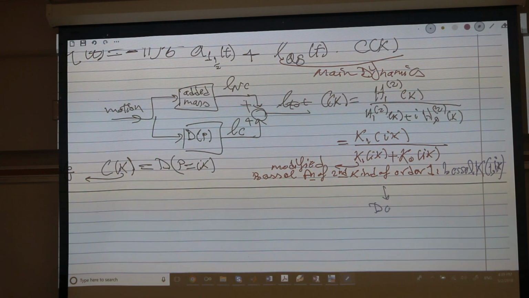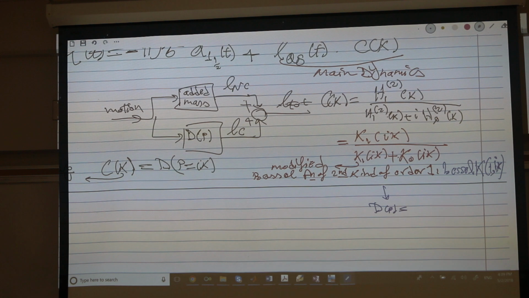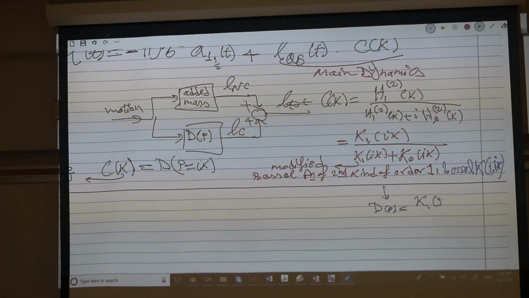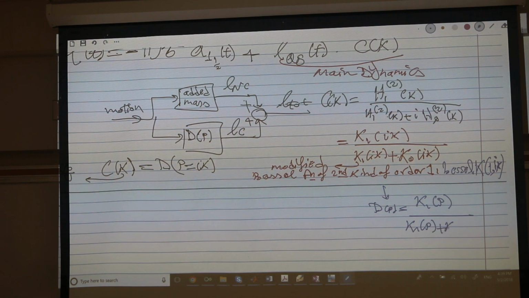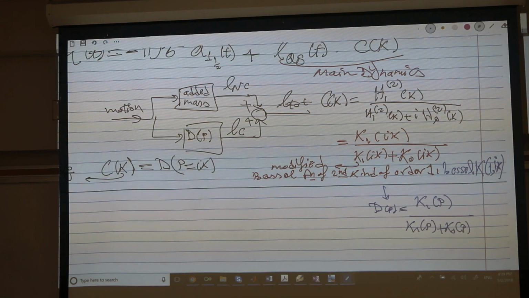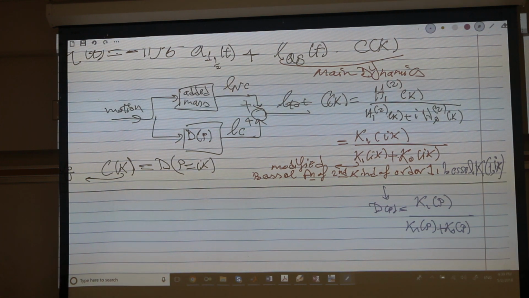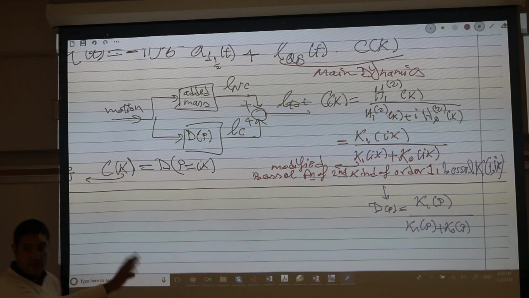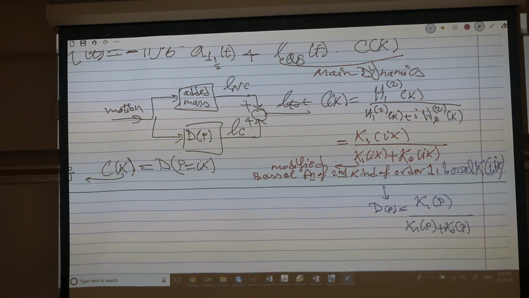D of P equals K1 of P upon K1 of P plus K0 of P. Yeah, we got our transfer function. This is not a nice one, we'll talk about that later, but indeed it's your potential flow transfer function. It's exact.